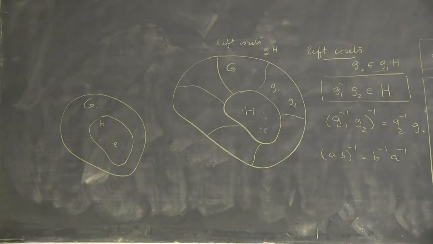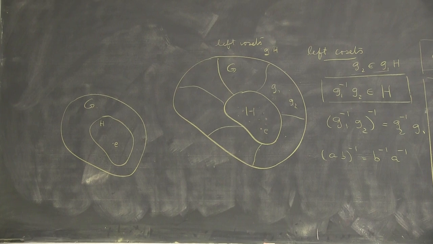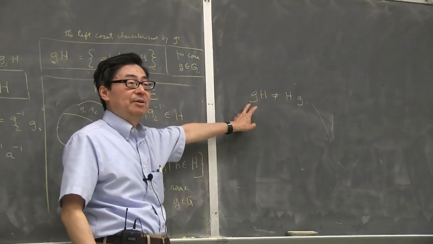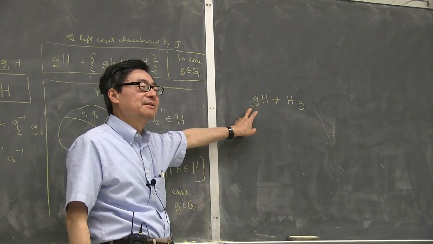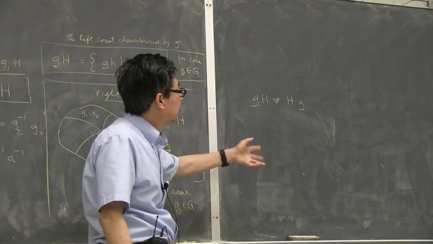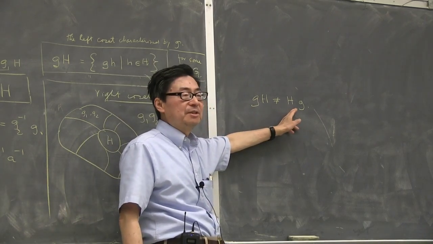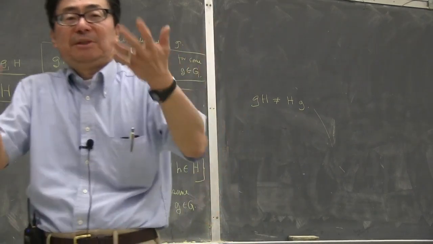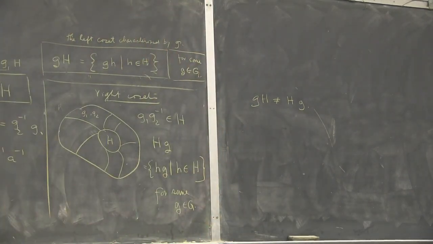So as I said, corresponding to a particular G, GH is in general not equal to HG. So the left coset characterized by this G is in general different from the right coset that is characterized by the same G. Simply because group multiplication is not commutative.